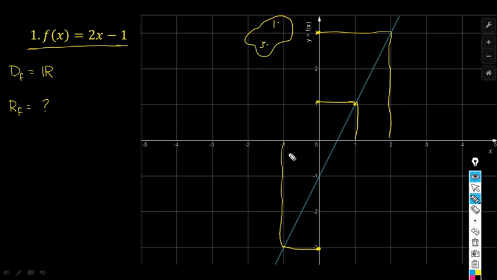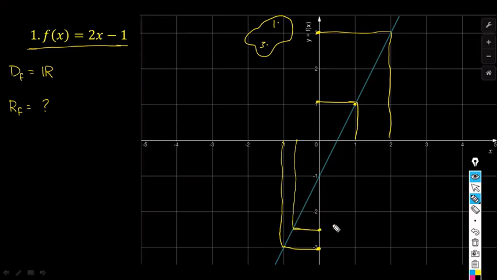So just by looking at the graph, you can get an idea of what the range is going to be. All of these numbers, minus 3, minus 2.5, you see, this number is also part of the range of the function. Why? Because for some input over here, if we calculate the function, we get this value.